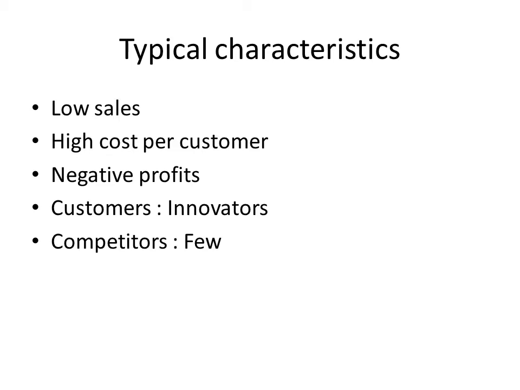So in the introduction stage, you're targeting innovators. If you're one among the first in the product category, then your competition is few. But if you're in a category which is already established, you could have high competition also.